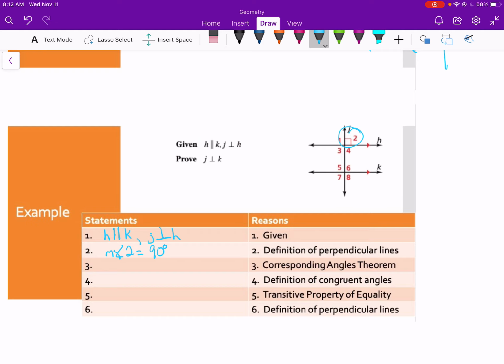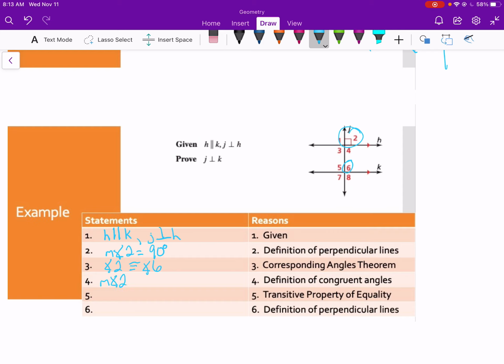Using the corresponding angles theorem, I want to say, okay, what angle is corresponding to angle 2? And I know that's angle 6. And I know that corresponding angles are congruent. So I can say that angle 2 is congruent to angle 6. And by the definition of congruent angles, remember we can go from saying they're congruent to saying they have equal measures.